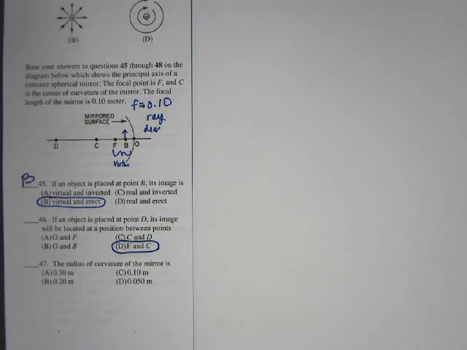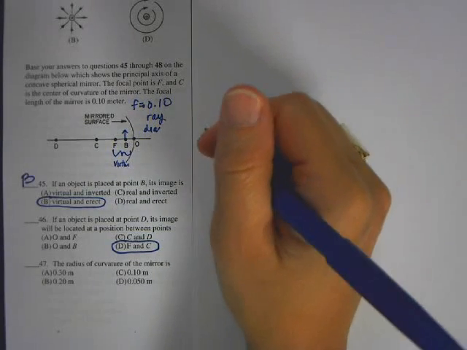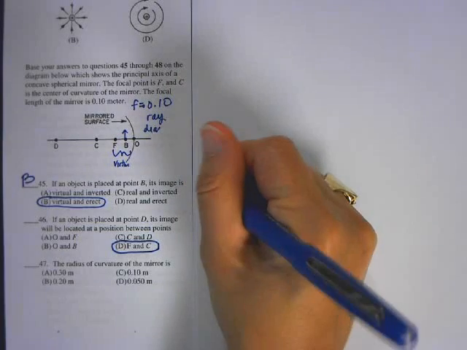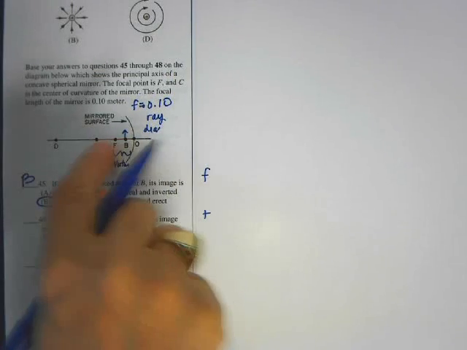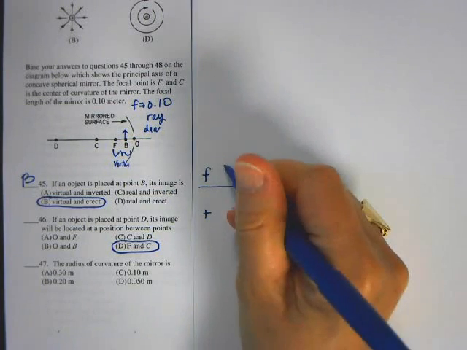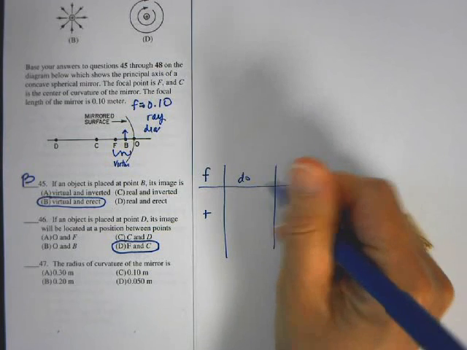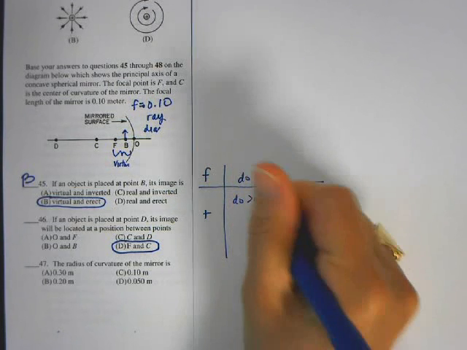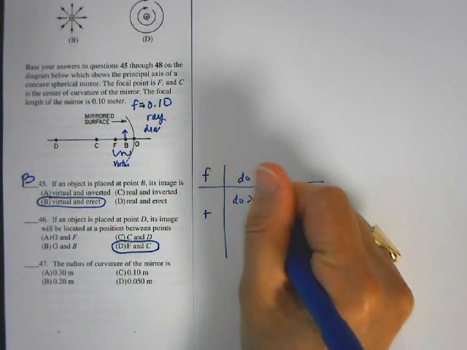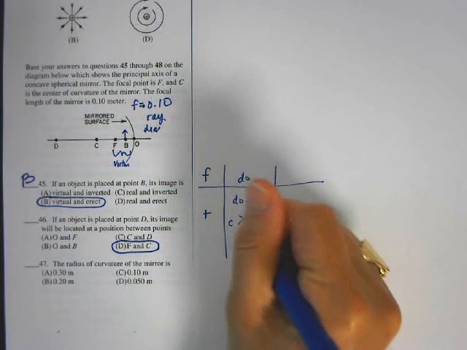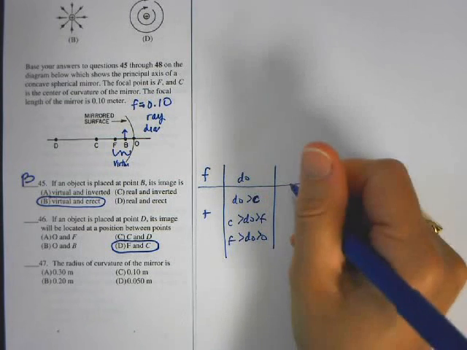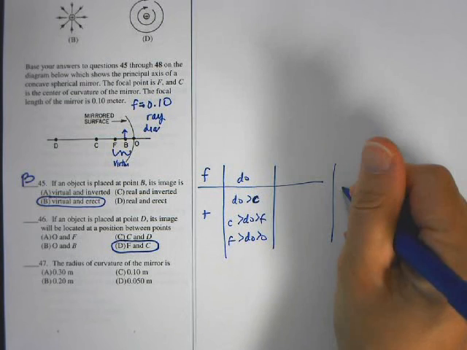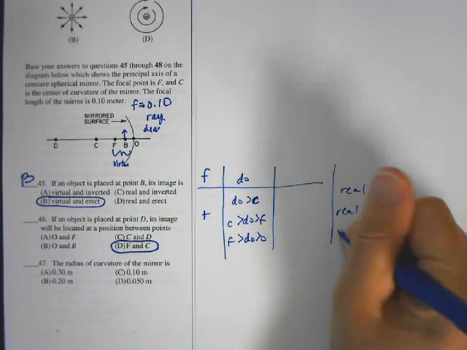Or again, you could look at knowing that when we had the different types of mirrors, for concave, F is always going to be positive, because this is going to be a frame of reference, and then depending upon what DO is: if DO is greater than the radius of curvature, or we call it C, if C is between DO and F, and then F is greater than DO, which is greater than 0, the image is real, real, and virtual.